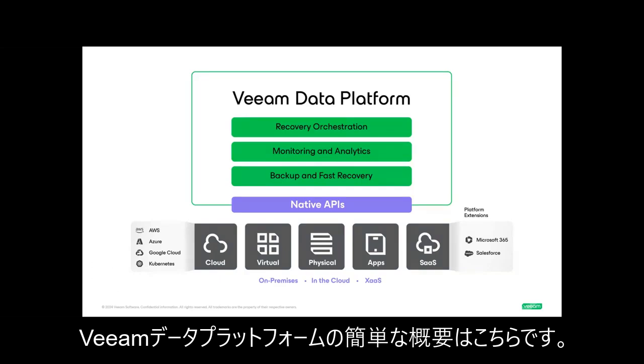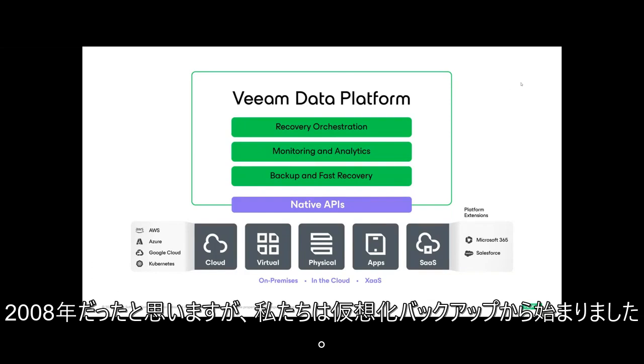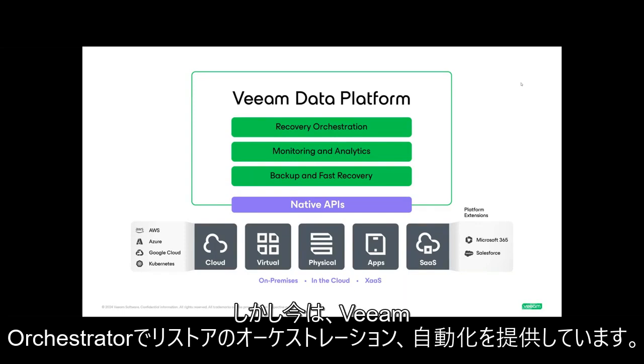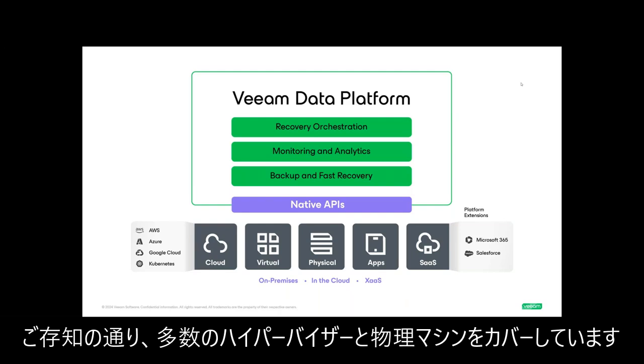So, quick overview of the Veeam data platform here. In, I believe it was 2008, we just started with really just virtualization backups. But now we offer recovery orchestration in Veeam Orchestrator, monitoring and analytics in Veeam ONE, backup and fast recovery, obviously.